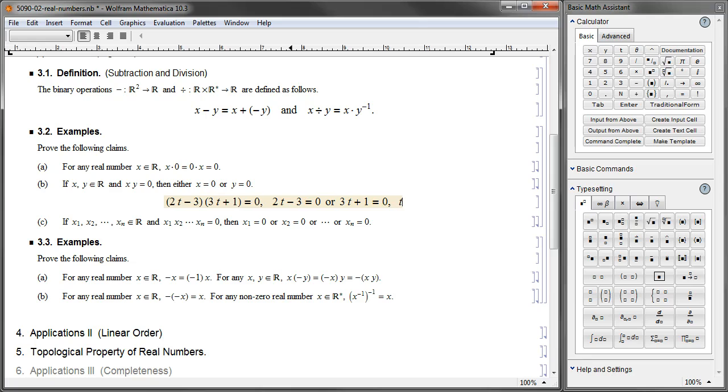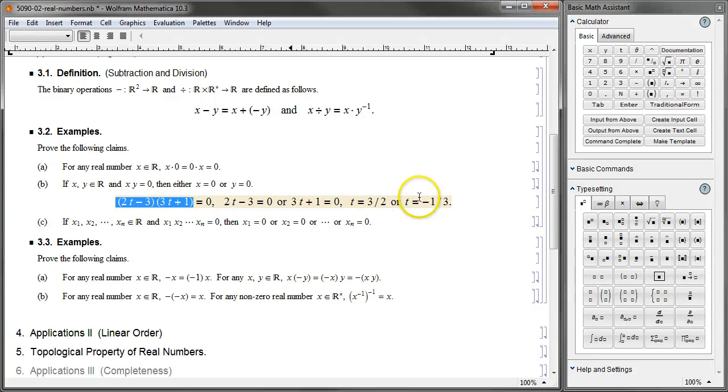Consequently, what do we get? t is equal to 3 halves, or t is equal to negative 1/3. We get these kinds of solutions, and the justification for this kind of method is presented right here. Keep the right hand side at 0 and factor the left hand side, and set each factor equal to 0. That works for quadratic, cubic, any kind of polynomial equations actually.